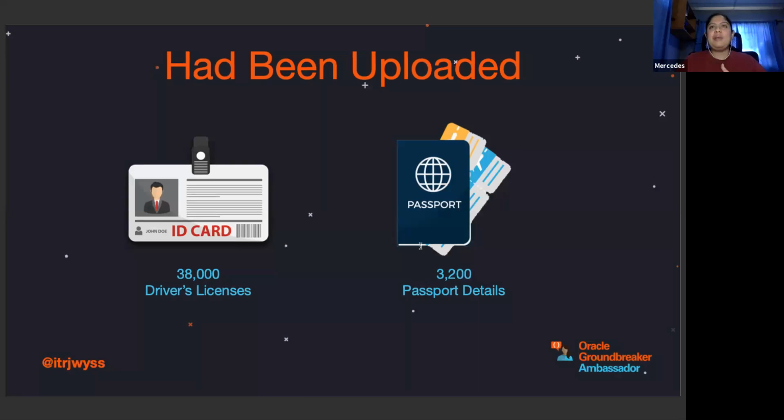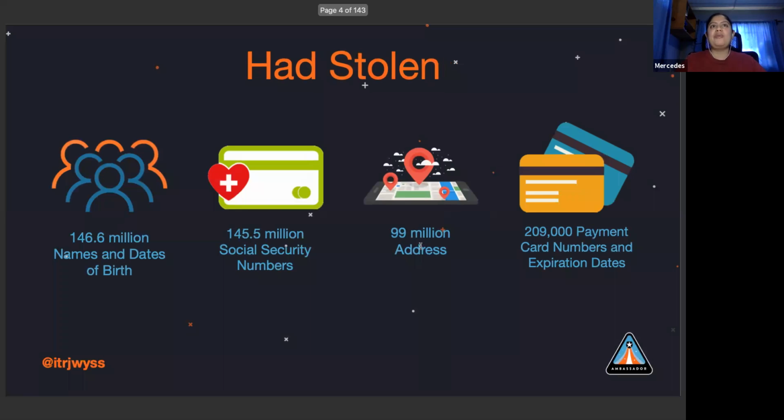But we have the statistics of the breach. Equifax says that when they had this cybersecurity breach, this amount of information was stolen from their system: 38,000 driver license numbers and 3,200 password details. And some other information was also stolen, which is a really big amount.